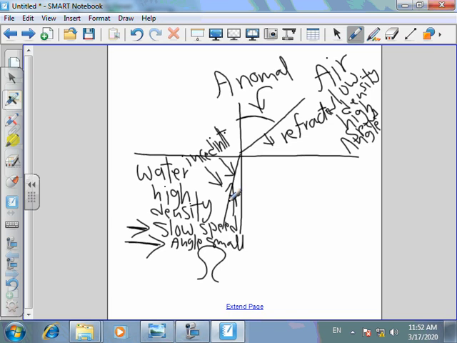But in case of water, which has high density, the speed of light is slow and the angle is small, it has a high optical density. So here is high optical density, like its density, and here low optical density, like its density. So the density of a medium is the same as the optical density of the medium.